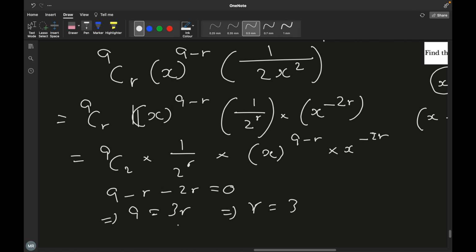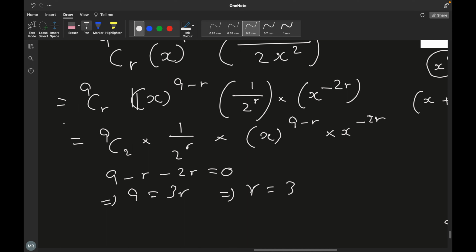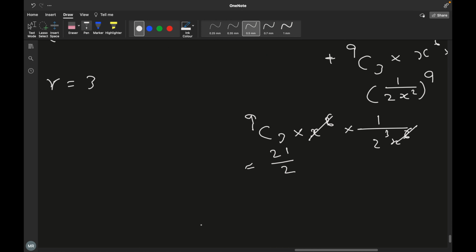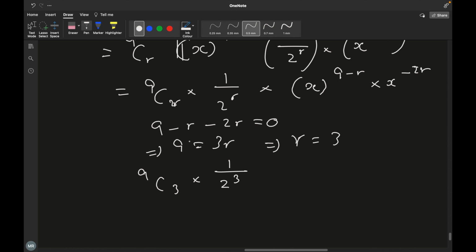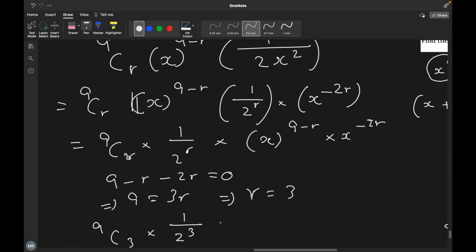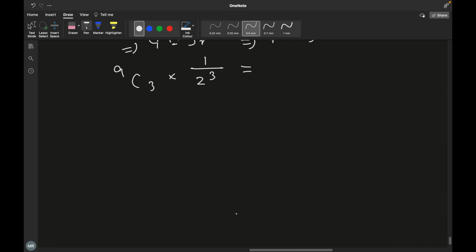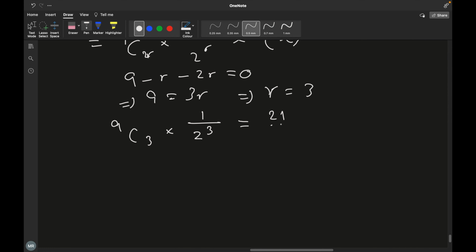So when we have r as 3, we can plug this back into the equation here in this step to find it. So we get 9C3 multiplied by 1 by 2 to the power of 3. This is literally what we got here. And therefore, we get 21 by 2, which is also 10.5.